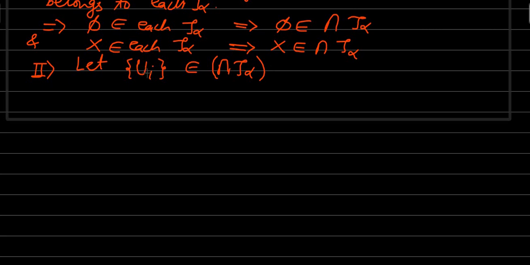Now as this family ui belongs to the intersection of τα, this implies that the family ui belongs to each τα.